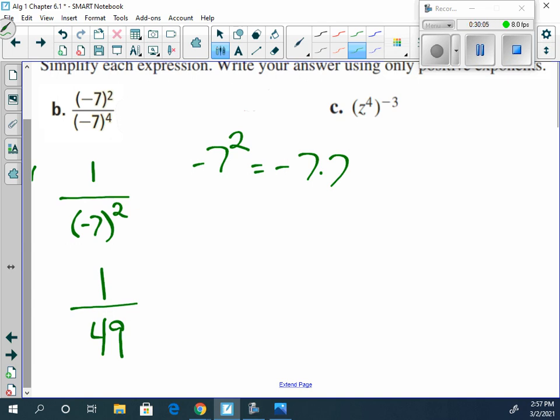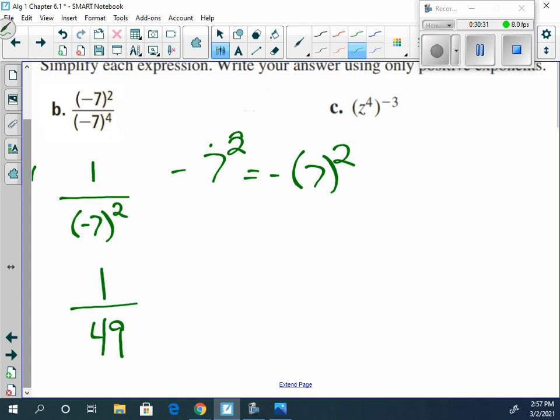So if it is in those parentheses, we want negative 7 squared. Without the parentheses, what it sees is the 7 being squared, not the negative.